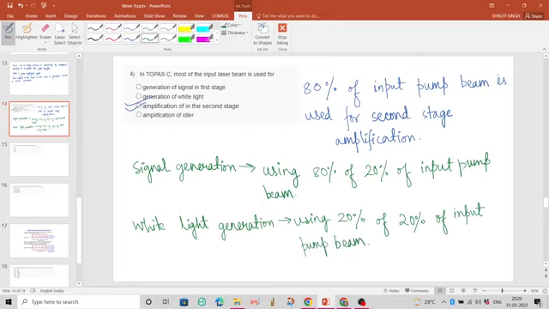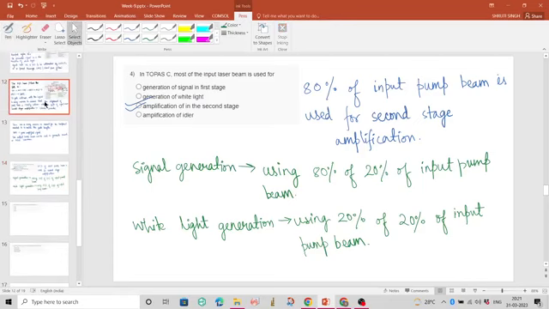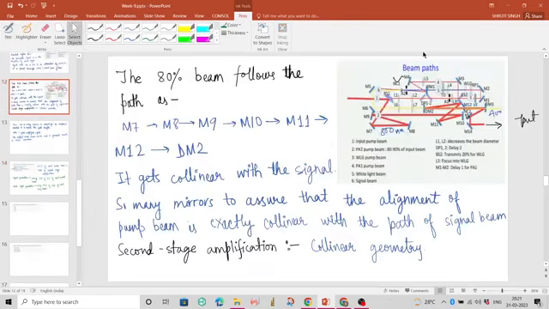Okay. So if you write in this diagram, here we suppose we give x. Now 80% of x comes in this way, 80% x, and 20% goes here. After this beam splitter 2, again 20% goes in this.